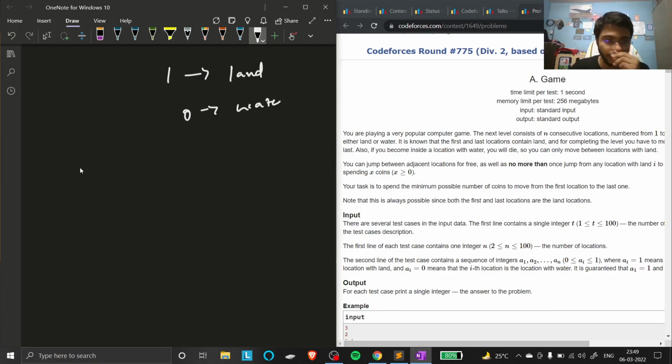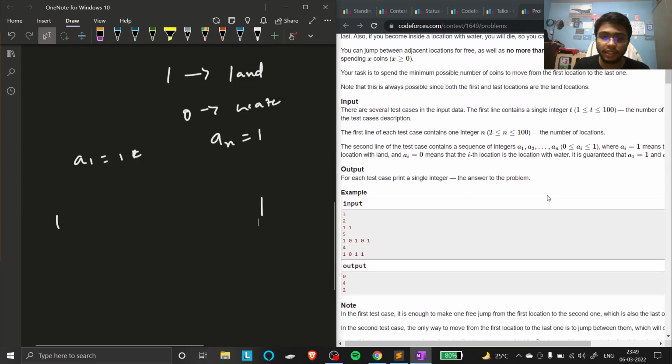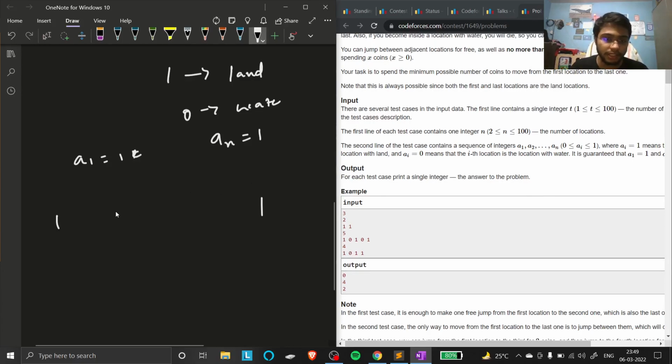Another thing is that a of one equals one, and a of n equals one, meaning land is there at both ends. Another condition they gave is that if you jump into the water, you will die, so you do not need to jump in the water, you have to skip the waters. That is what the question is saying.